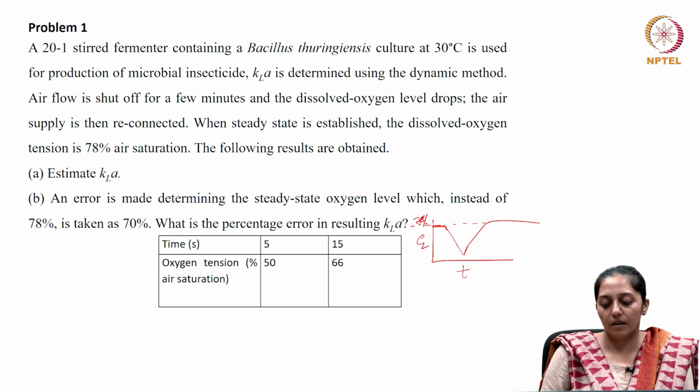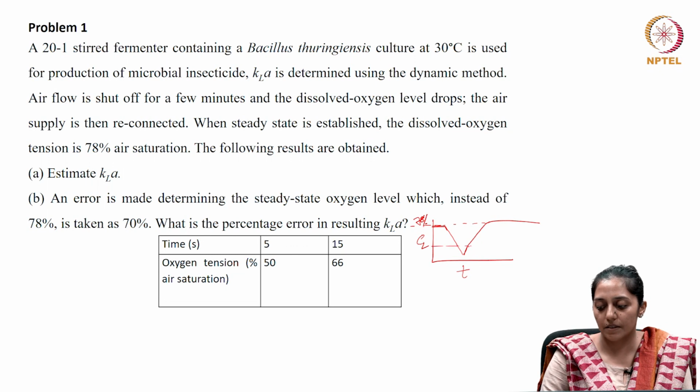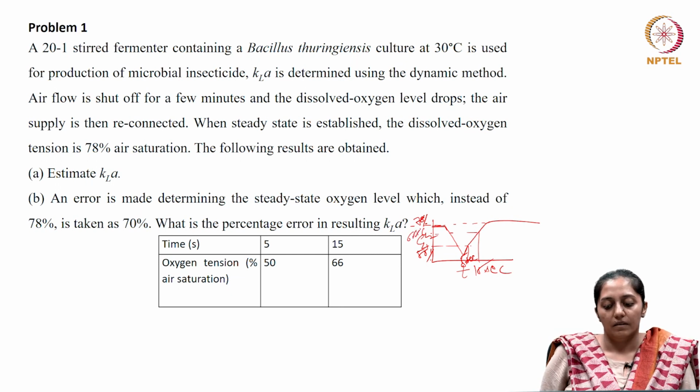So, they have given their data in the form of a table, where at 5 seconds the oxygen tension is found to be 50%, and then at 15 seconds it is found to be 66%. Now with this data, we need to find the value of the volumetric mass transfer coefficient.